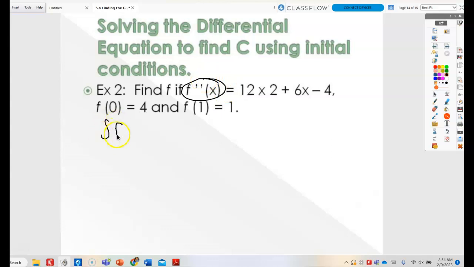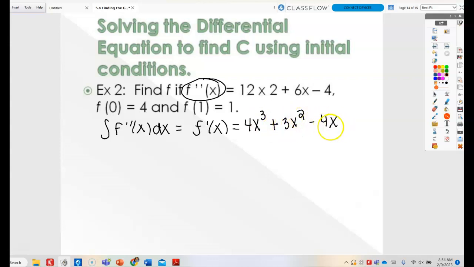So we're going to integrate f double prime of x dx, which would give me f prime of x, which gives me 12x squared. So you add 1, so you get x cubed. 12 divided by 3 is 4, plus 6x squared over 2 minus 4x plus c.